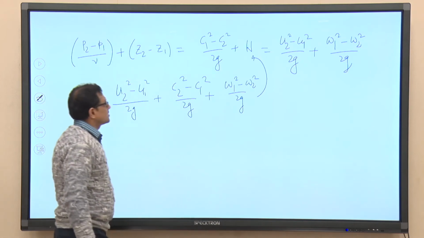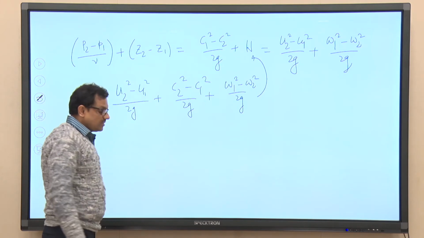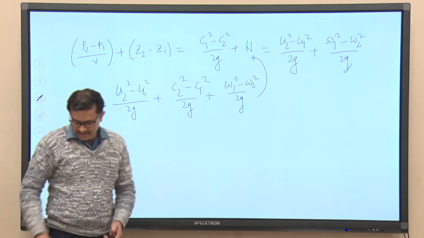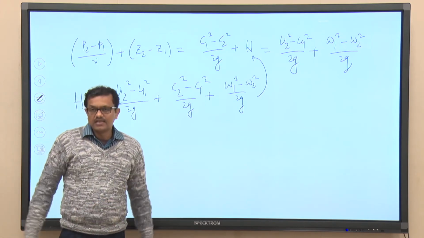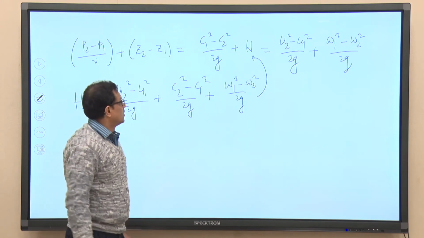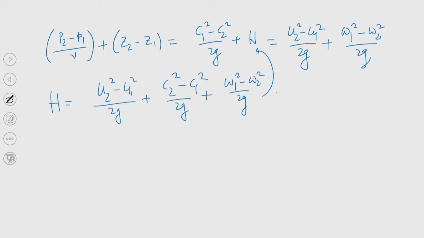Now, we can write this expression in a different form: U2 square minus U1 square by 2G minus W2 square minus W1 square by 2G.